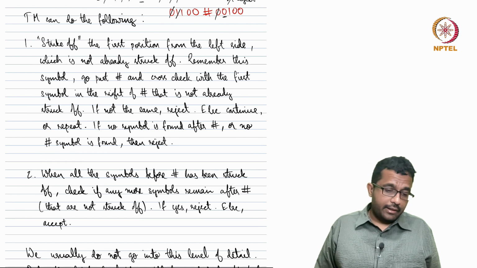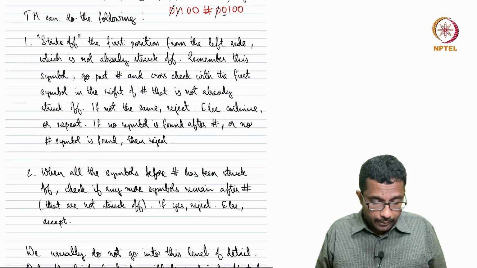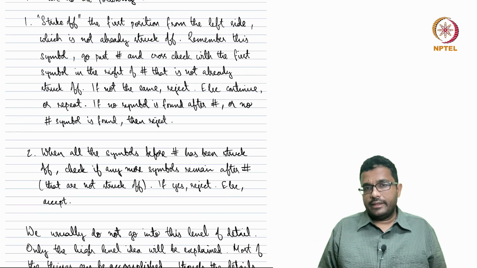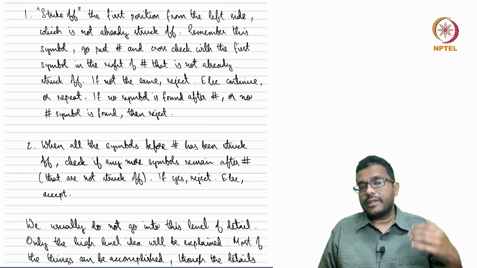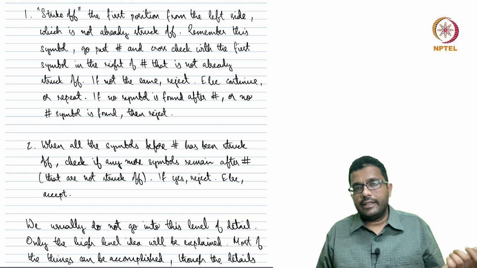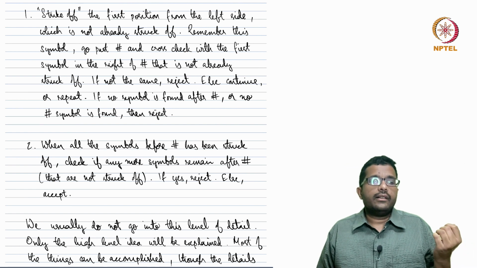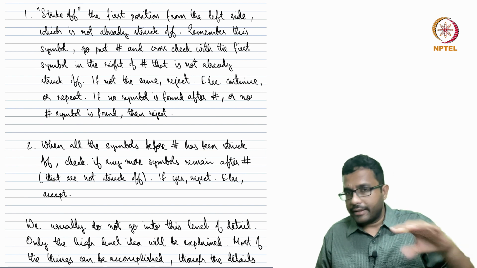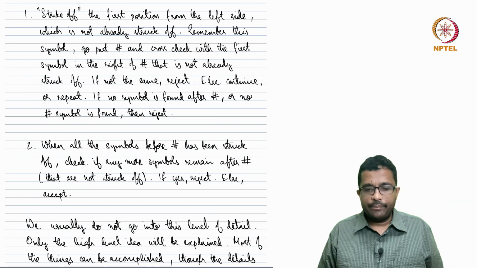And we can even formally define the Turing machine. Like we saw the transition function in DFAs and NFAs, we can define a transition function for Turing machines as well.